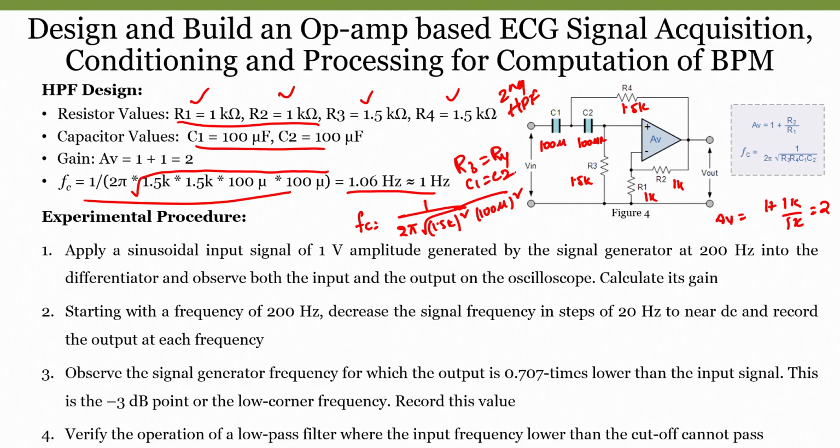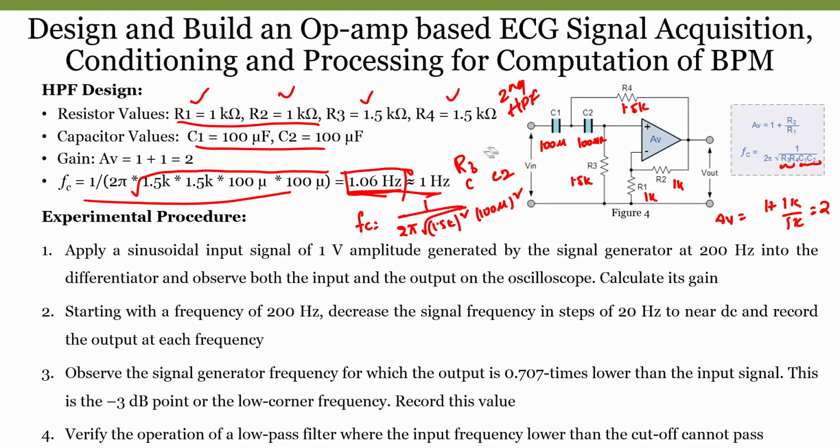So 1.5 k whole square and 100 micro square. When we calculate, the value we got is 1.06 hertz, which is approximately 1 hertz.